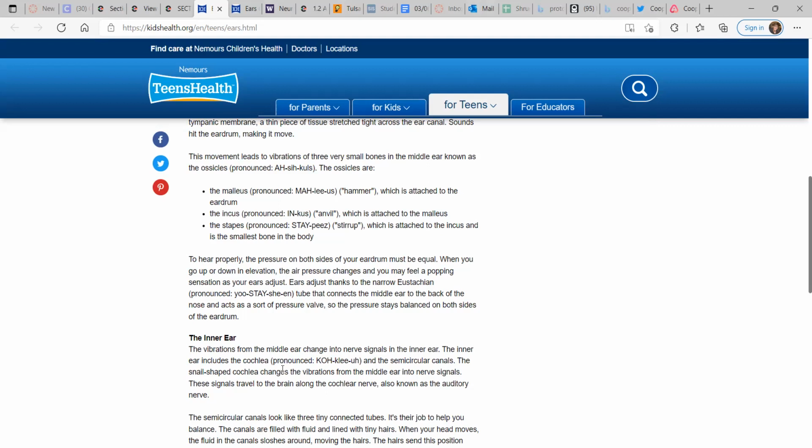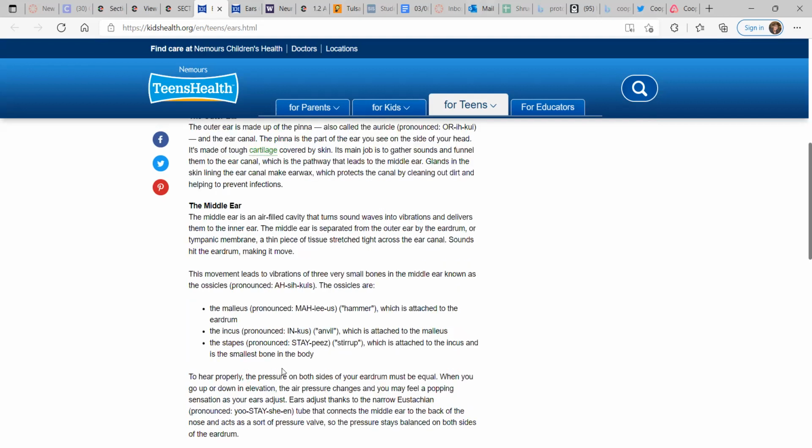So if you've ever flown on a plane or driven in more mountainous regions where the elevation changes quite a bit, you will experience this ear popping. And ears adjust thanks to the eustachian tubes that connect the middle ear to the back of the nose, and it acts as a pressure valve. So the pressure stays balanced on both sides of the eardrum.